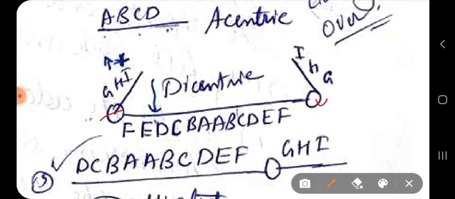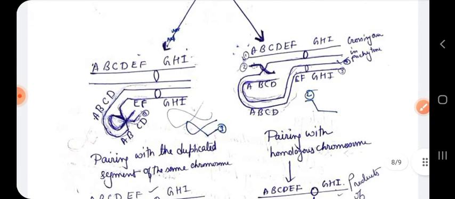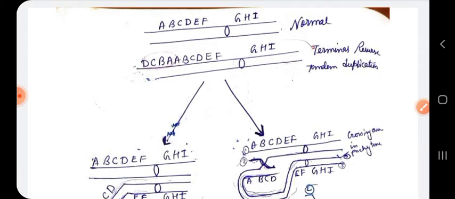Okay, so let us see what it tries to say. During anaphase, the sister chromatids will form a bridge, where the centromere of one of the sister chromatids will be pulled in one direction of the dividing cell, while the centromere of the other will be pulled in the opposite direction.